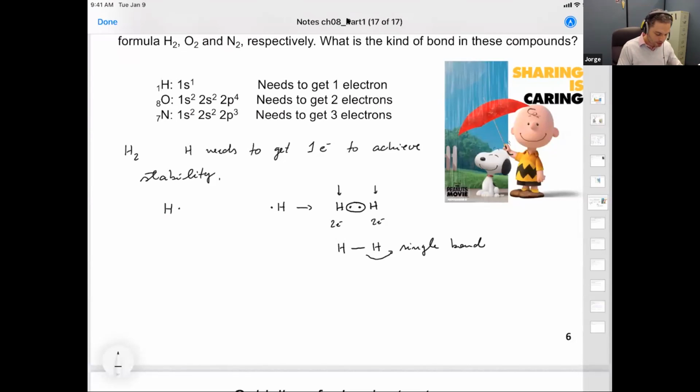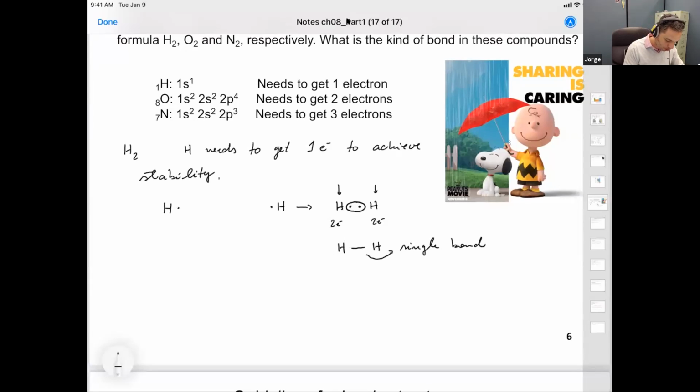So one very simple way to imagine the covalent bond is by drawing some sort of puzzle pieces. Every time we have a lone electron, that's going to yield a spot that the puzzle can fit another piece. So we can represent hydrogen as only one spot because there is only one lone electron.